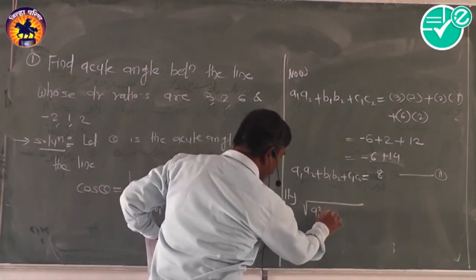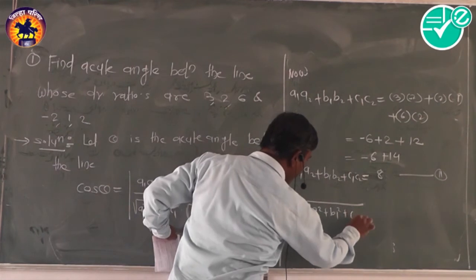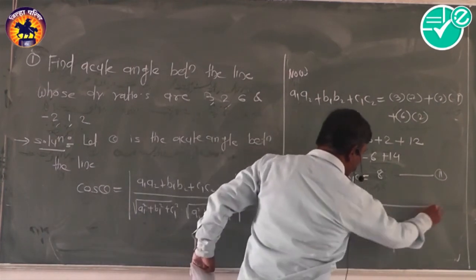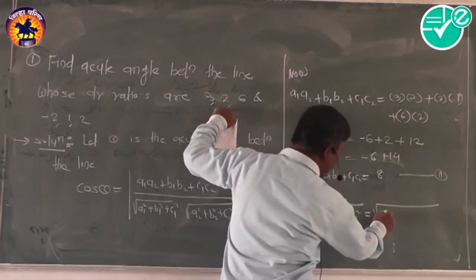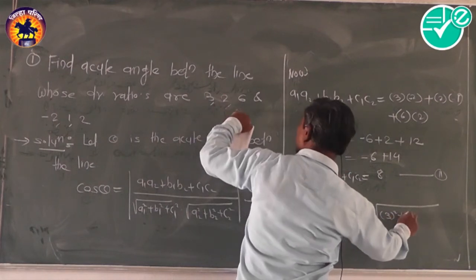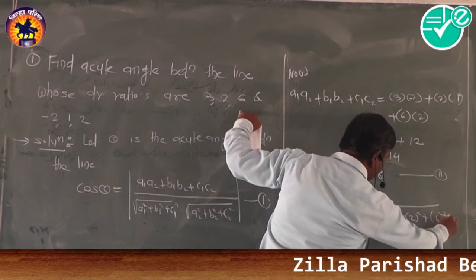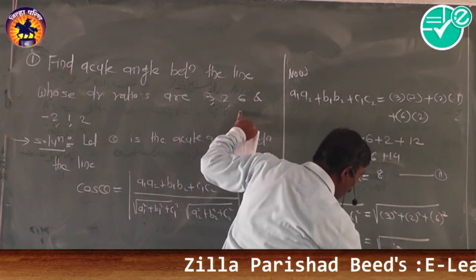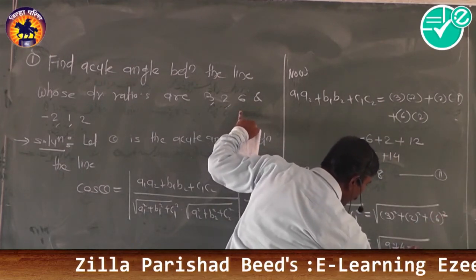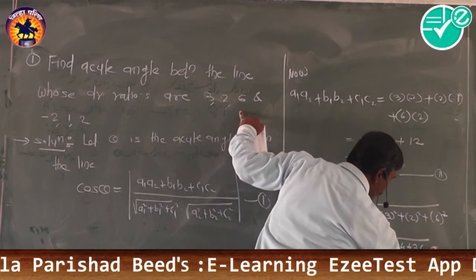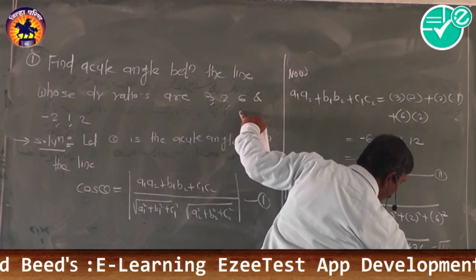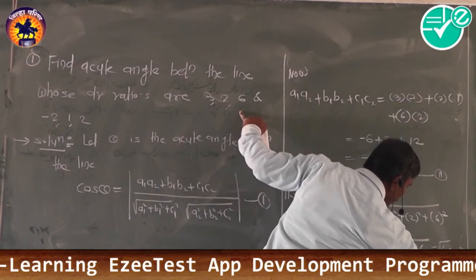A1 square plus B1 square plus C1 square is equal to, so what is A1? 3 square plus 2 square plus 6 square, so is equal to under root 9 plus 4 plus 36. So this is the under root 49, and this is 7.